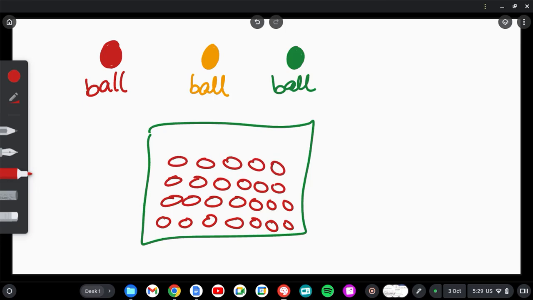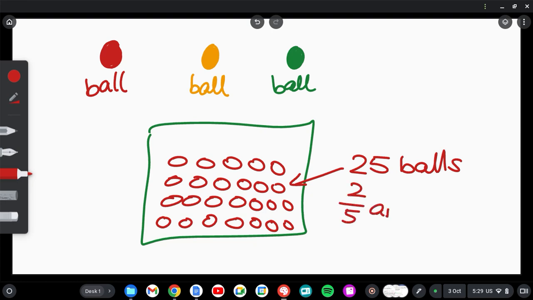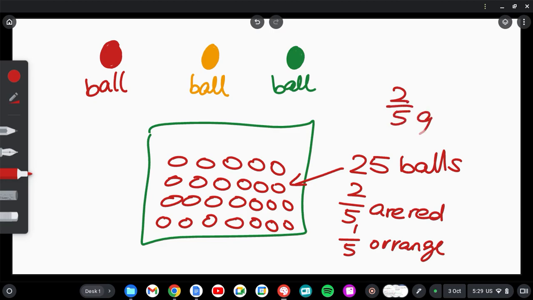Okay, let's say I have 25 balls, and 2/5 are red, 1/5 are orange, and the rest are green, which is another 2/5 green.